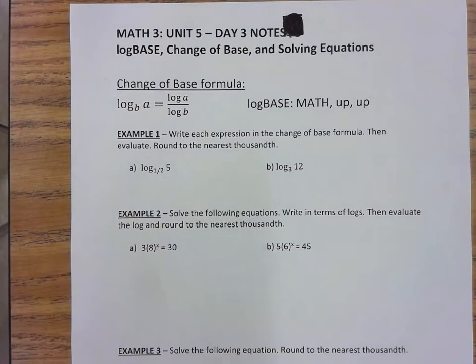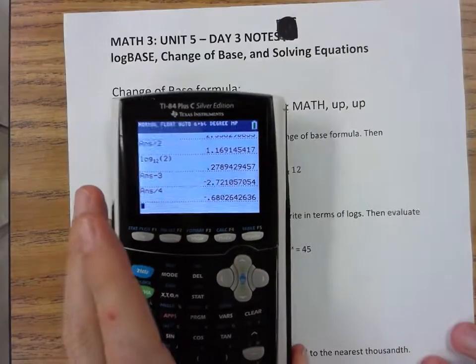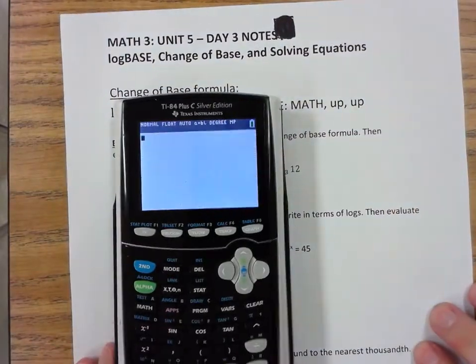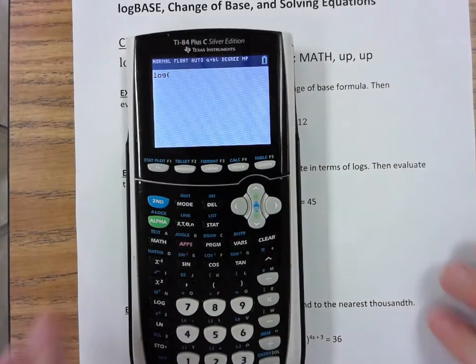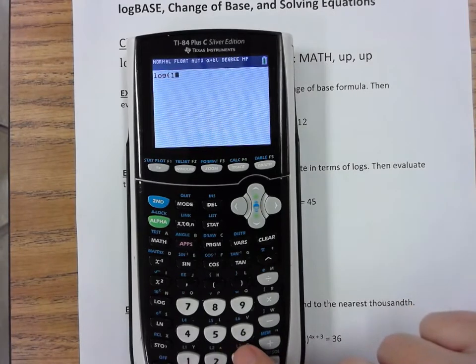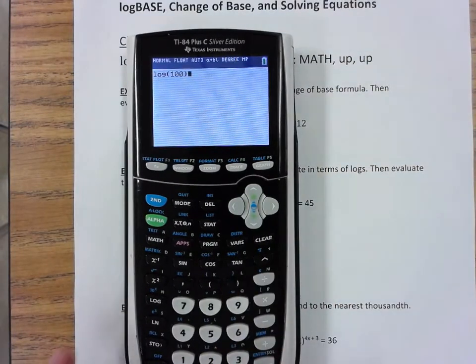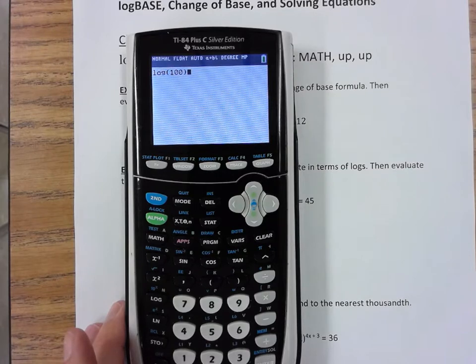When we do logs on our calculator, if we're not doing them by hand, if you press the log button and put some number in there, let's say I put 100 in, there is no place here to put a base. So your calculator default base is 10.